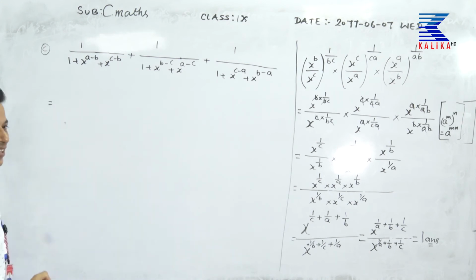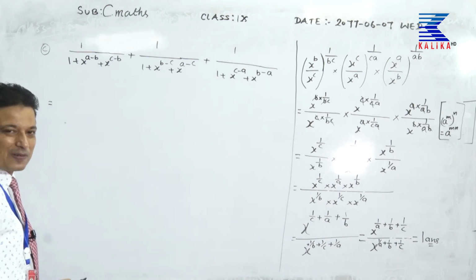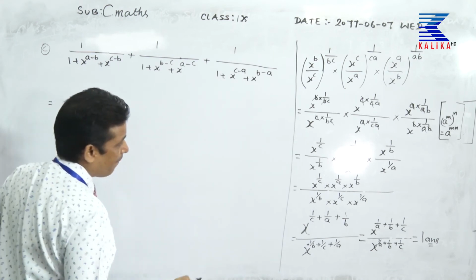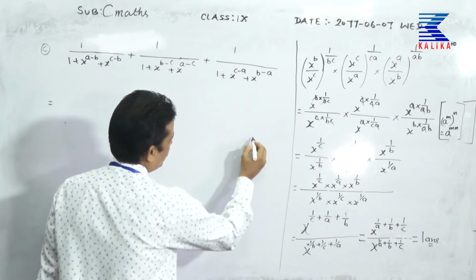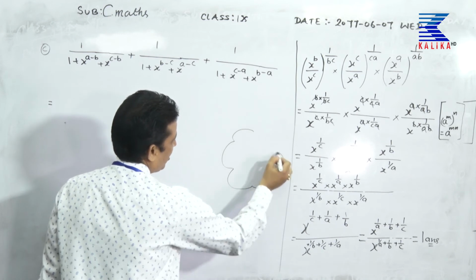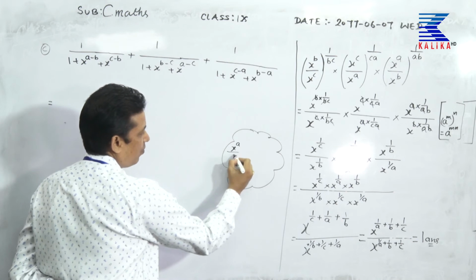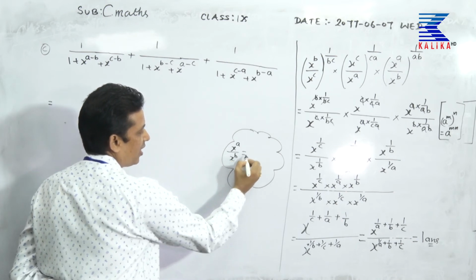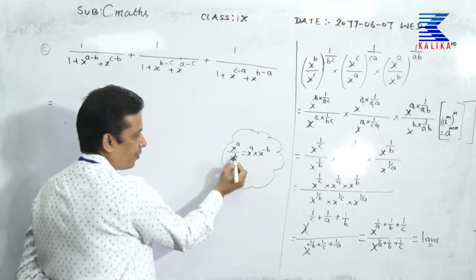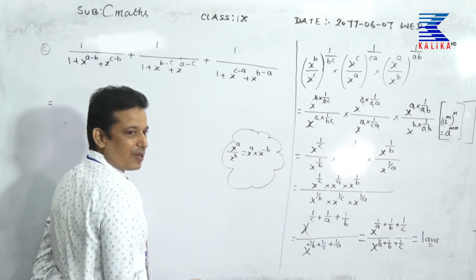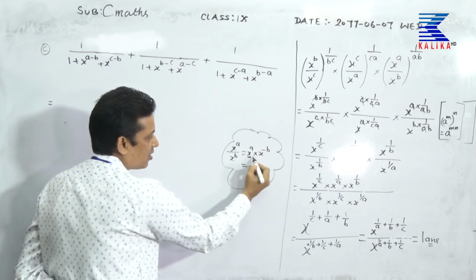Look, simple, dear student, no need to worry about the question, just remember the laws of indices. Now, at first I am showing you one fact of the laws of indices. X to the power a over x to the power b, we write it as x to the power a into x to the power minus b. X to the power b goes up, it becomes x to the power minus b, and this is also x, this is also x.